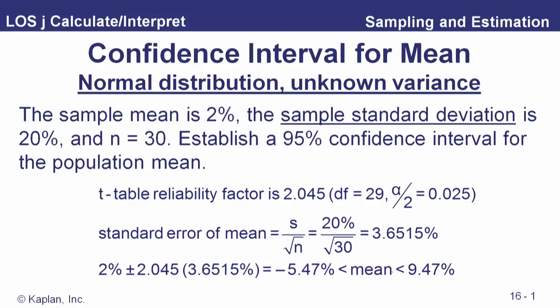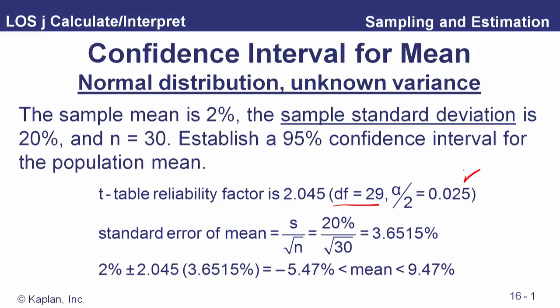And so we go down to the degrees of freedom, 29, and we want the column where we put 2.5% in each tail.